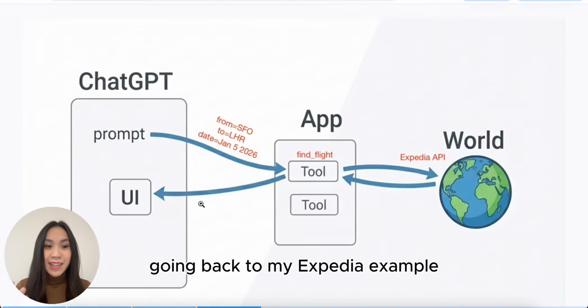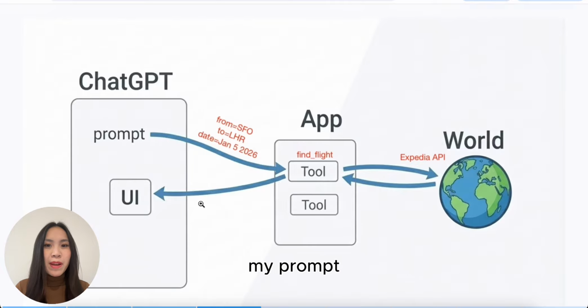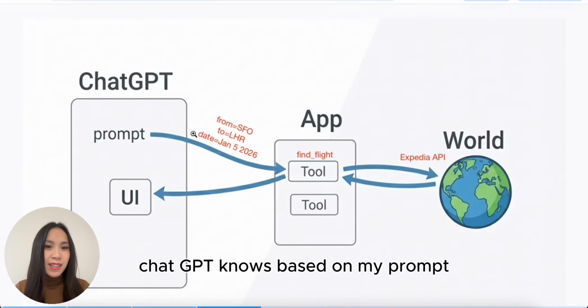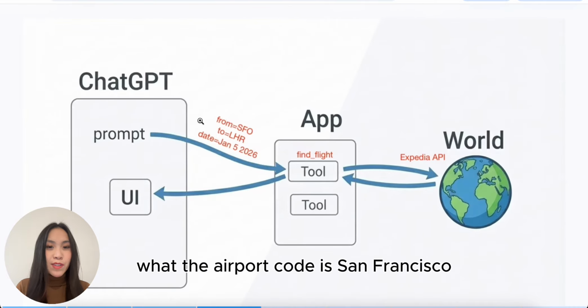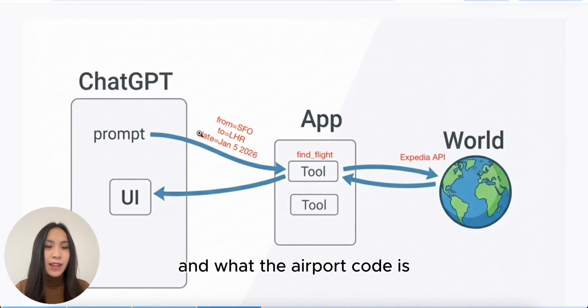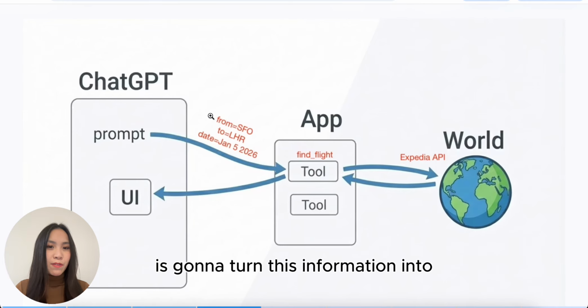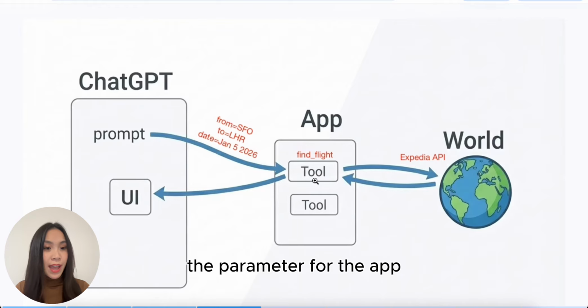Going back to my Expedia example, my prompt was, find me the cheapest flight from SF to London tomorrow. ChatGPT knows, based on my prompt, what the airport code is for San Francisco, what the airport code is for London, and what tomorrow means, and it turns this information into parameters for the app.